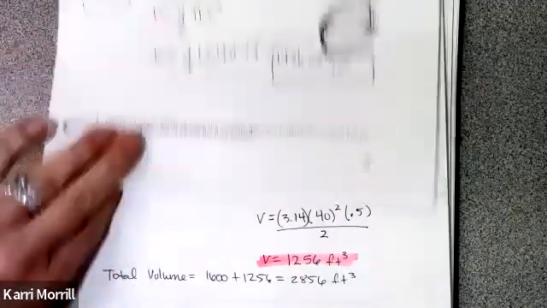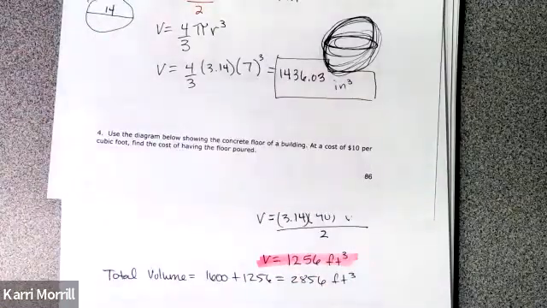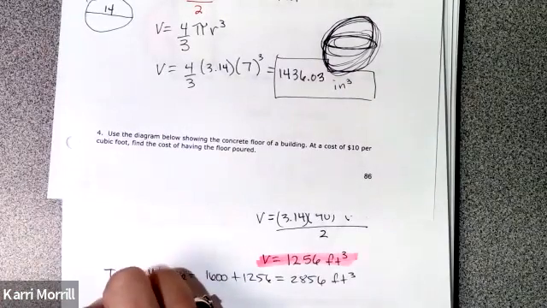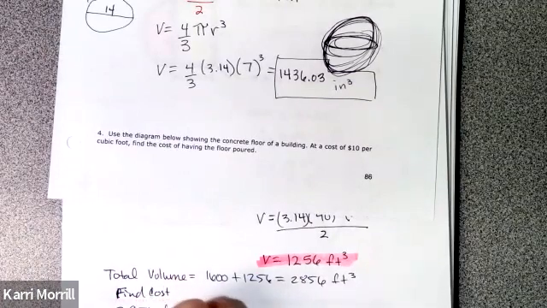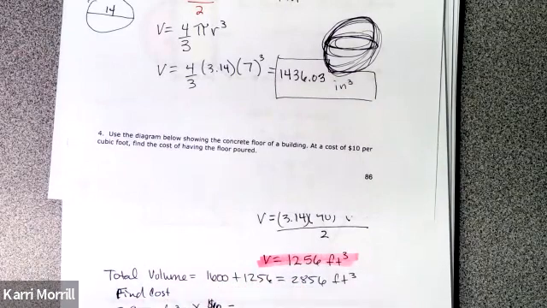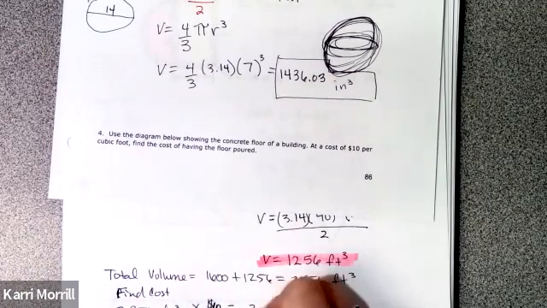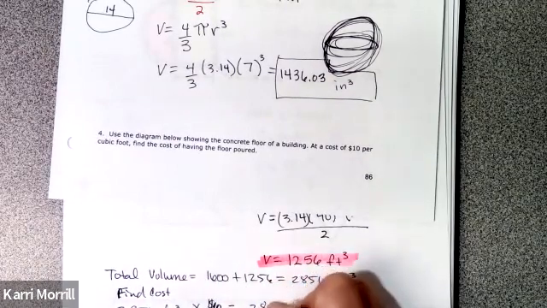So it tells us it's $10 per cubic foot. So all we have to do is take that. So, all right, find the cost. We have to take that 2856 cubic feet times $10. So that would be $28,560.